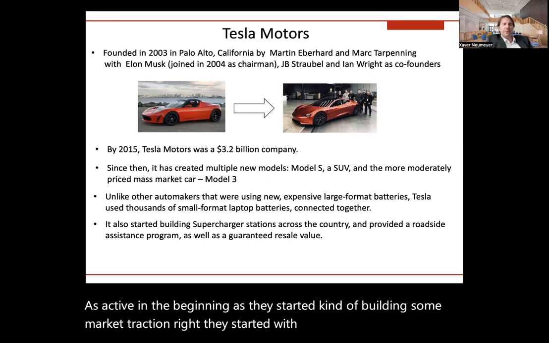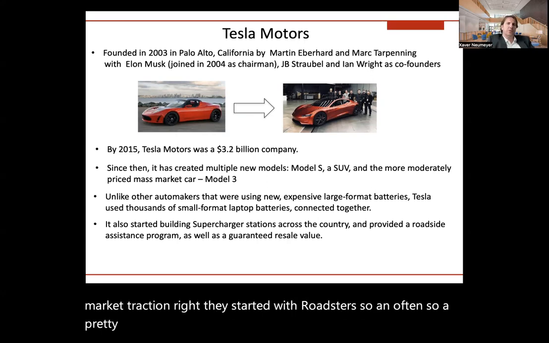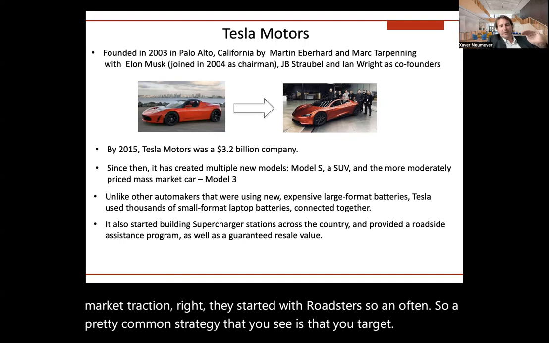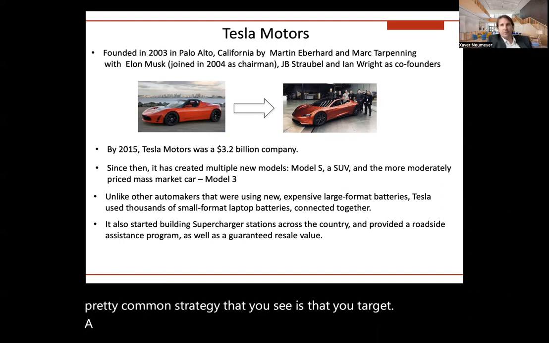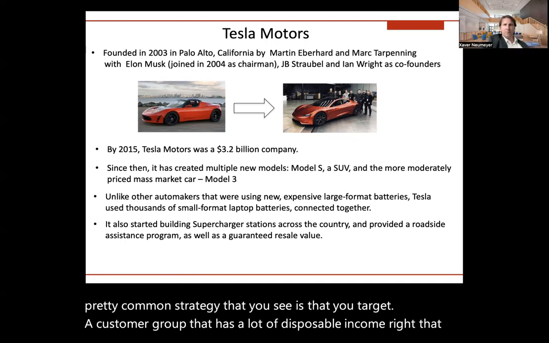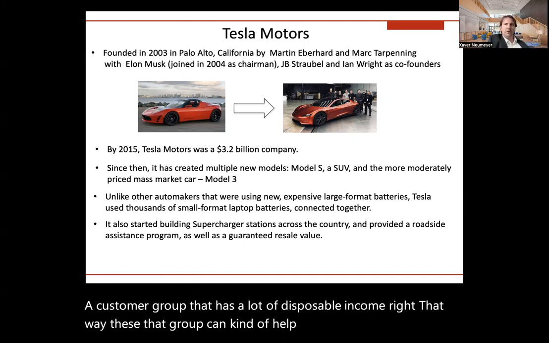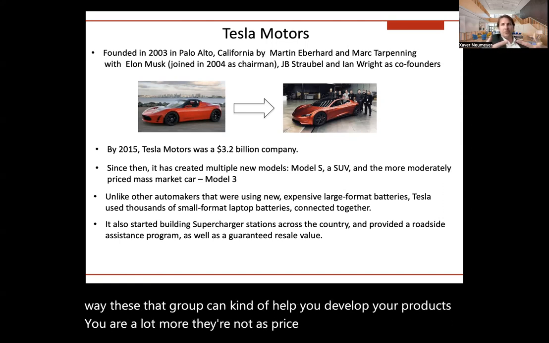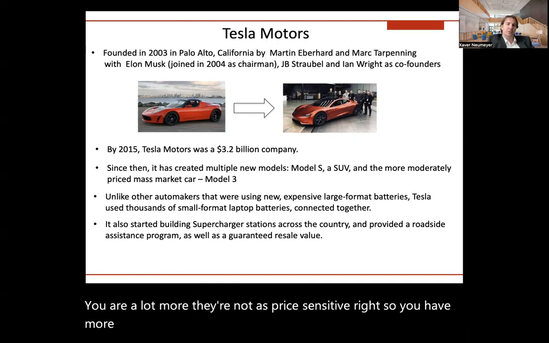A pretty common strategy is that you target a customer group that has a lot of disposable income, right? That way, that group can help you develop your products. They're not as price sensitive, so you have more space and more time to experiment, which is what they did with the Roadster, right?